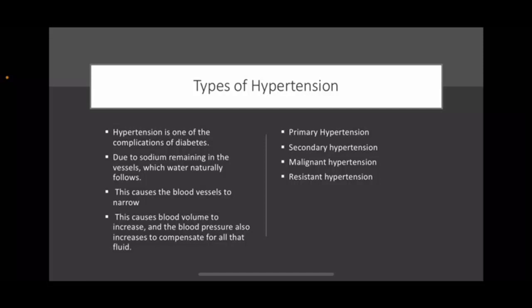Hypertension is one of the complications of diabetes due to sodium remaining in the vessel, which water naturally follows. This causes the blood vessels to narrow, and with the blood vessels narrowing, the blood volume increases, and the blood pressure also increases to compensate for all of the fluid.